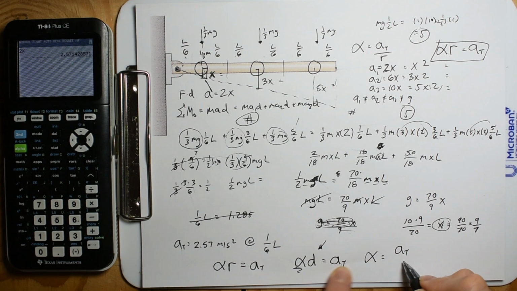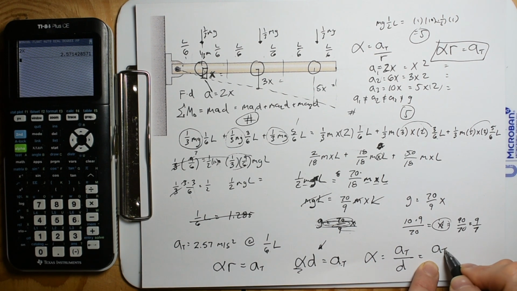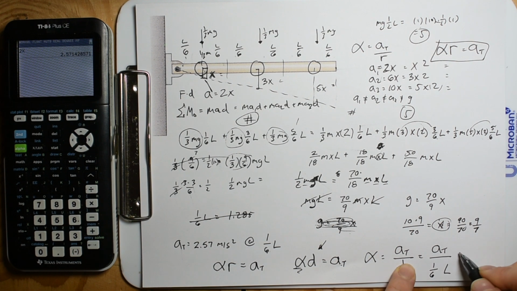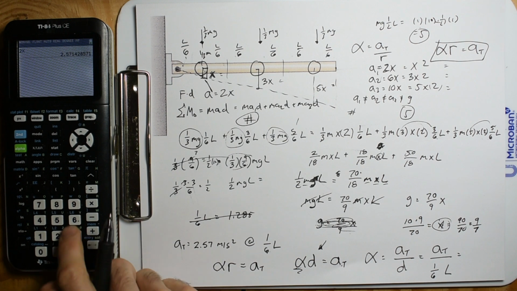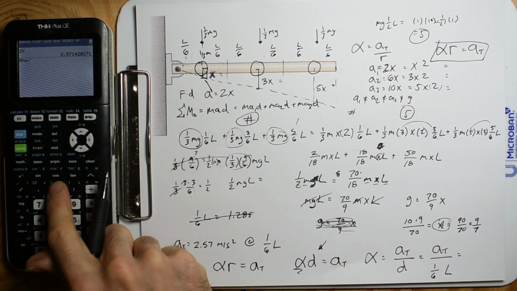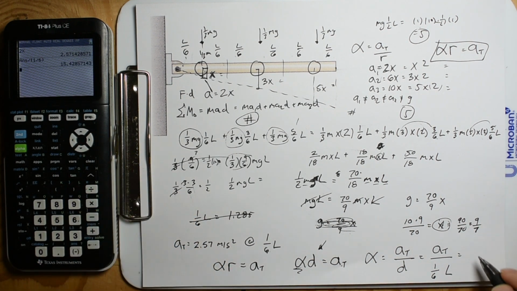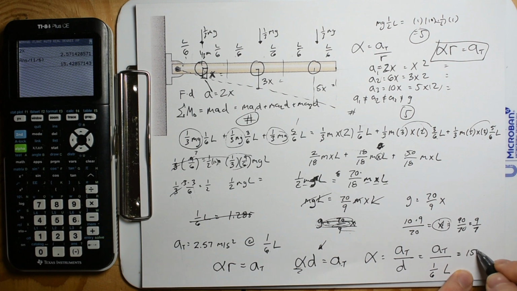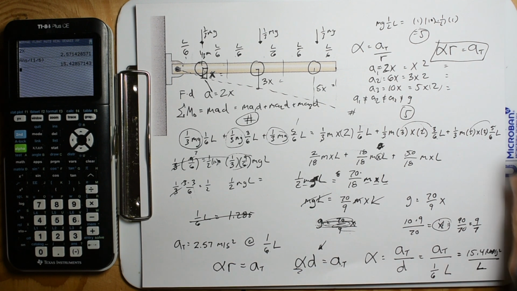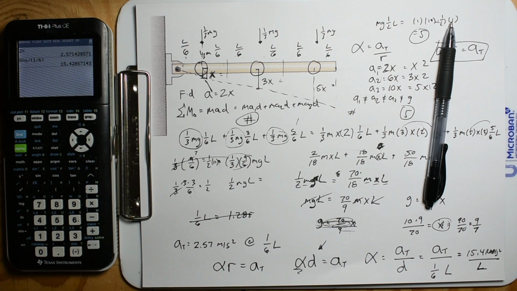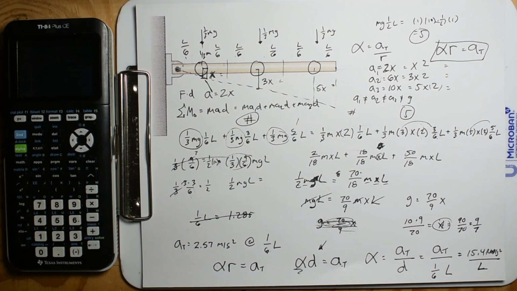That's going to be our tangential acceleration divided by that distance to that point, so 2.57 divided by 1/6. We get an angular acceleration of 15.4 radians per second squared divided by the length. And I don't even know if that feels totally wrong.